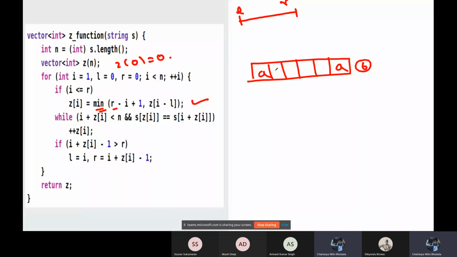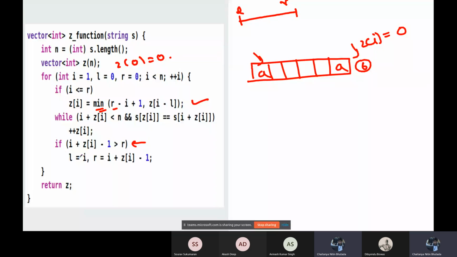So we check if, suppose zi here was 0, it will be 0. We check if a is equal to b or not. If it is, we increase the zi basically. If it is not, we don't increase.